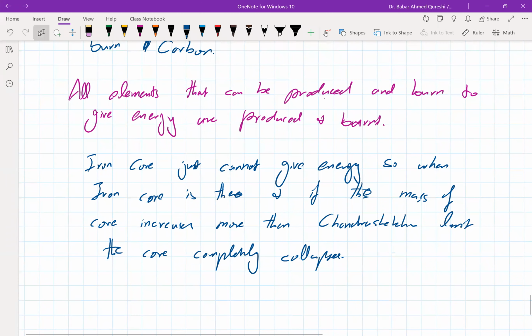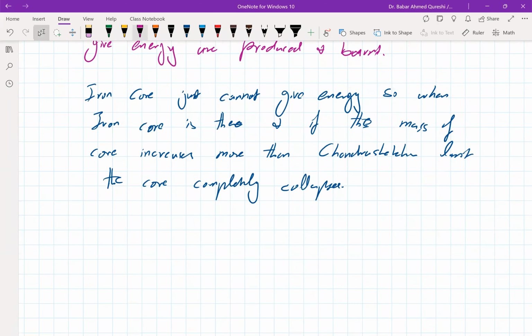So the Chandrasekhar limit says that this is the limit where the degeneracy pressure completely fails. It can't do anything.